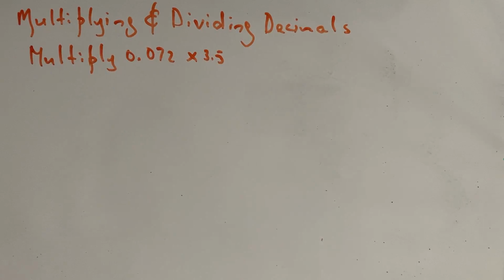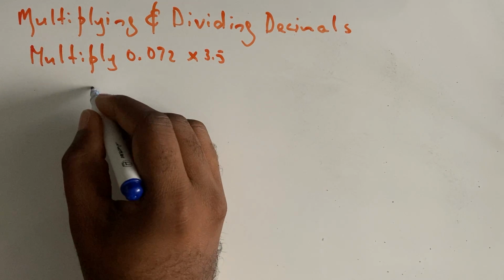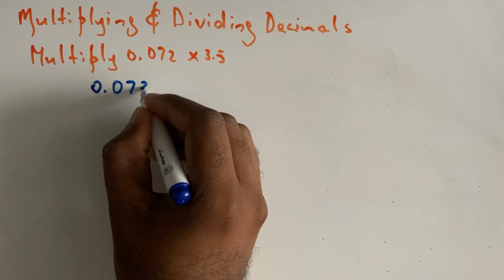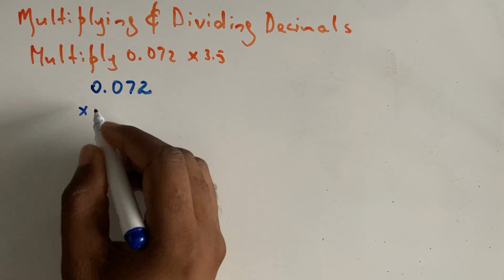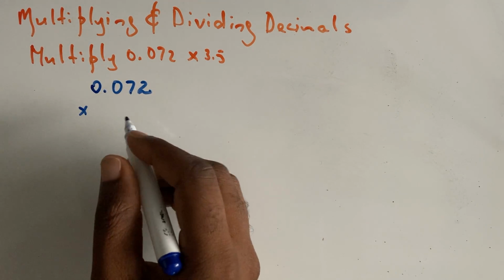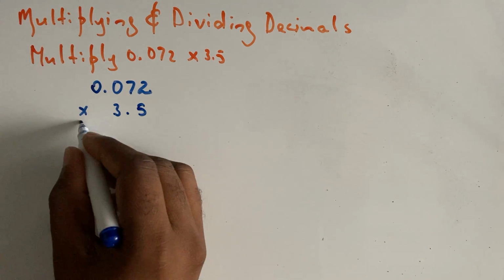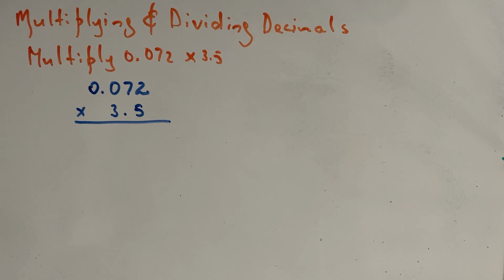In this case we have to multiply 0.072 times 3.5. One thing to do here, guys, is to count how many decimal places you see in each one.